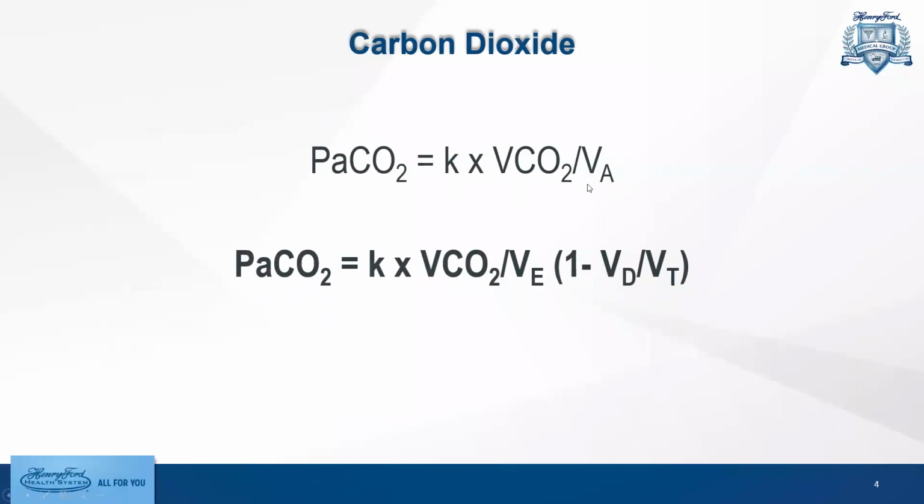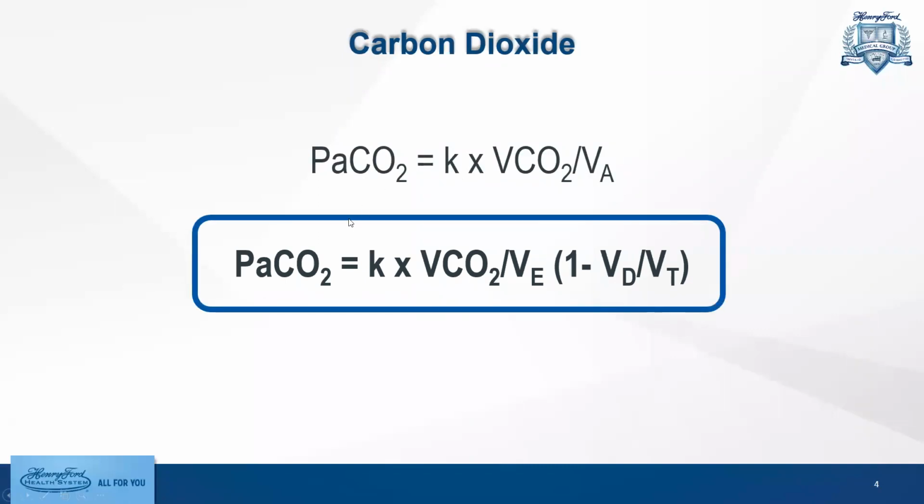If we revamp this calculation, and please don't pass away, I'm just going to focus on the important things here. What you need to pay attention to is that CO2 is related to minute ventilation and is proportionate to the dead space ventilation. Keep those two concepts in mind.